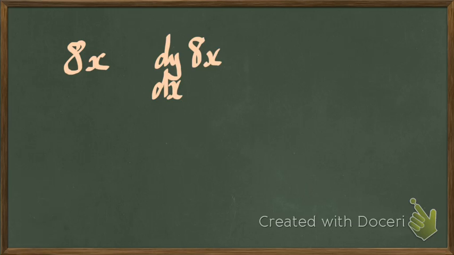So if we had something like, well, we had 7x, didn't we? Let's have 8x, and we want to take the derivative of that. dy dx of 8x is equivalent to 8 dy dx of x to the 1, and I'm writing it out in full here just so you get the flavour of this.